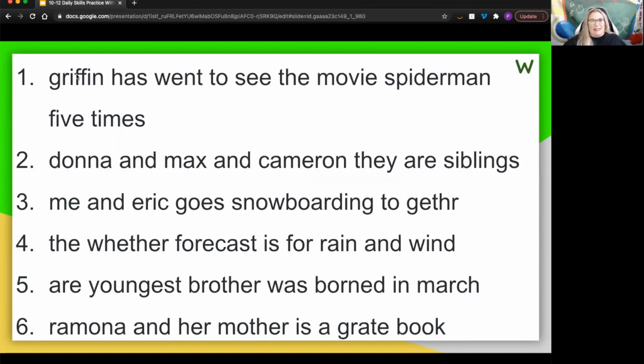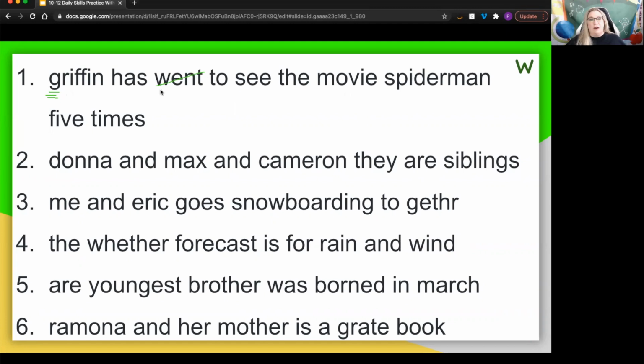All right, pick a sentence that you'd like to correct and then check your work with what I'm doing here on the screen. And number 1, Griffin is a name, so we'll capitalize that. It's also the first word of the sentence, so that gets capitalized no matter what. Griffin has went to see the movie Spider-Man 5 times. Okay, well, we don't say has went. Griffin has, we could say has been or has gone.